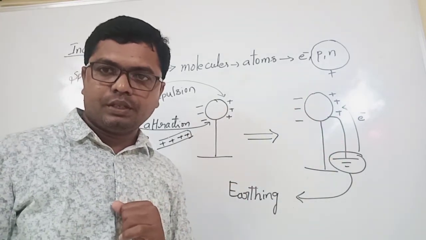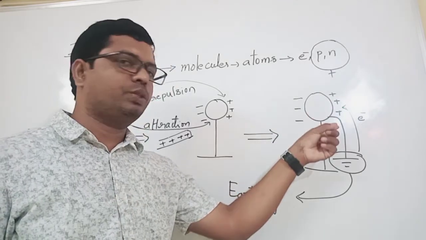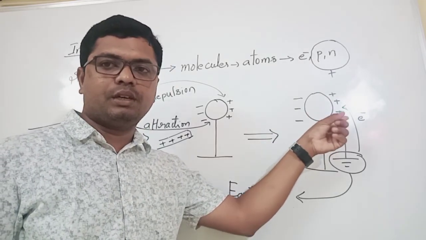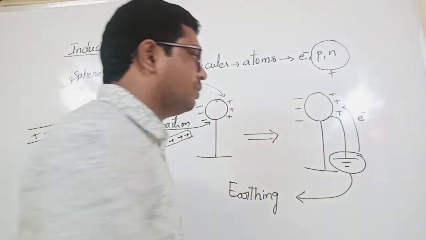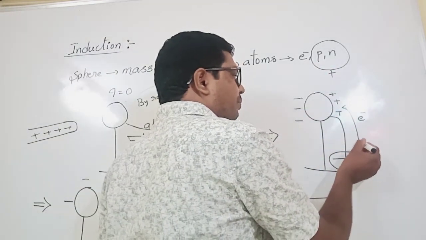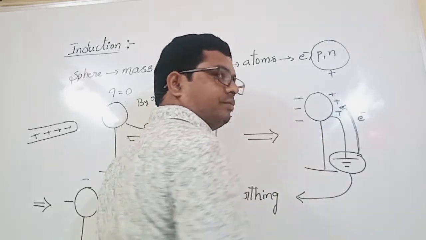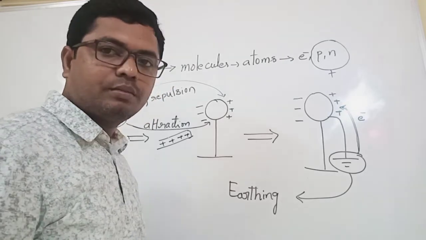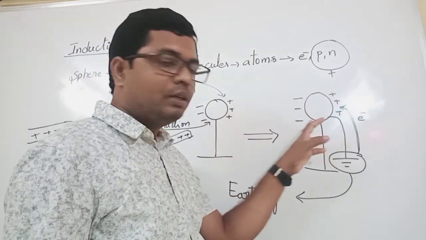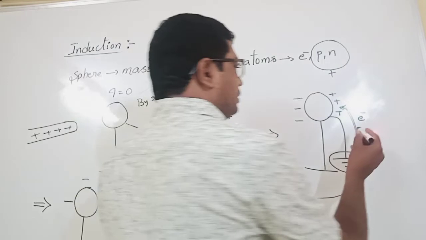On this side positives are there, which is nothing but deficiency of electrons. That deficiency is fulfilled by electrons moving from the earth to the conductor. That means this side automatically becomes neutral.